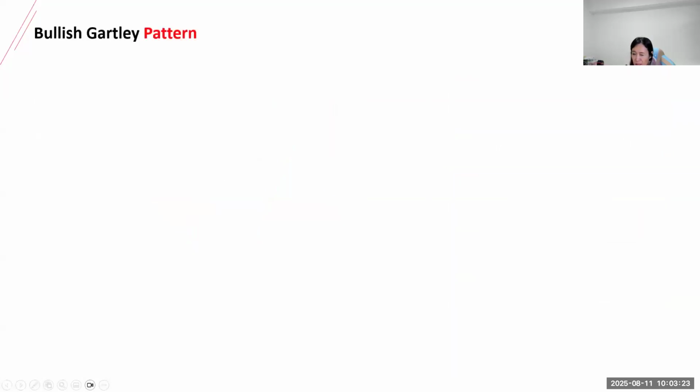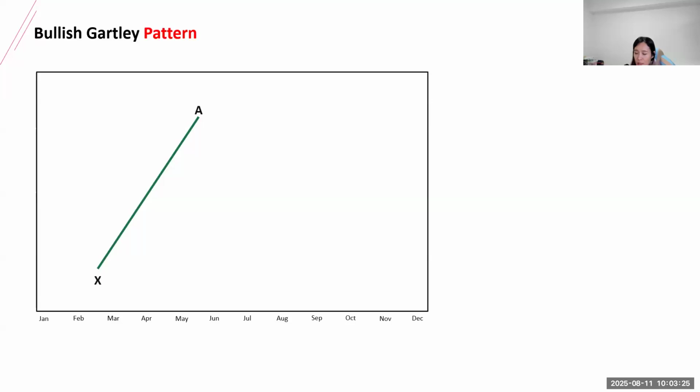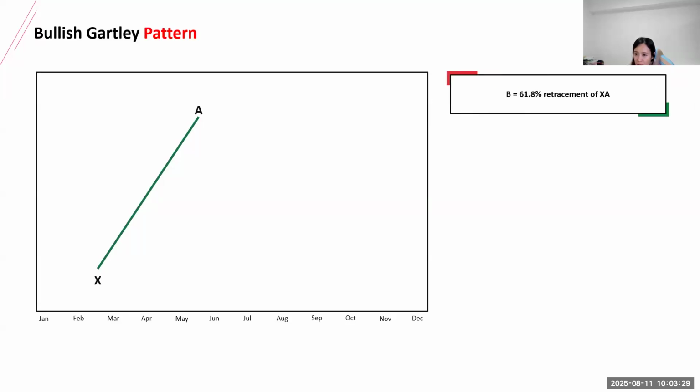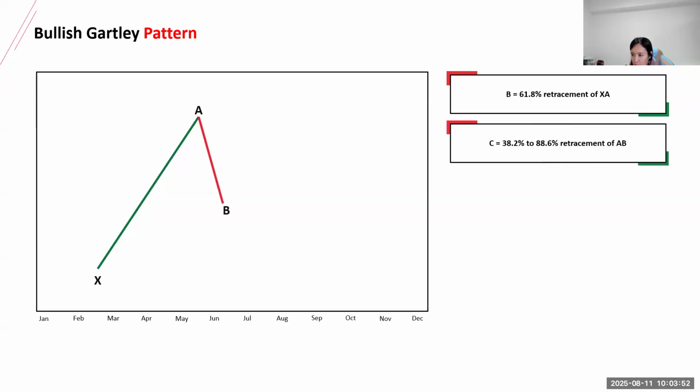The next pattern, Gartley pattern. Now X to A, Gartley, B retraces 61.8% of XA. So that's why I say that B will determine what kind of pattern it is, depending on how many percent they retrace. C can retrace anywhere between 38.2 to 88.6%.